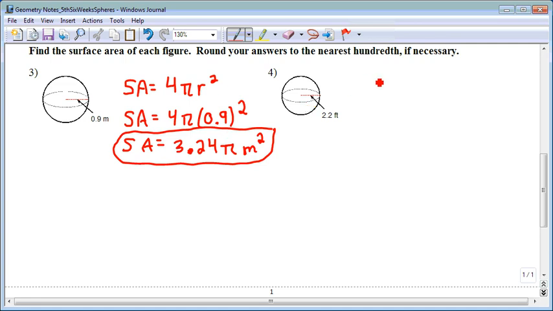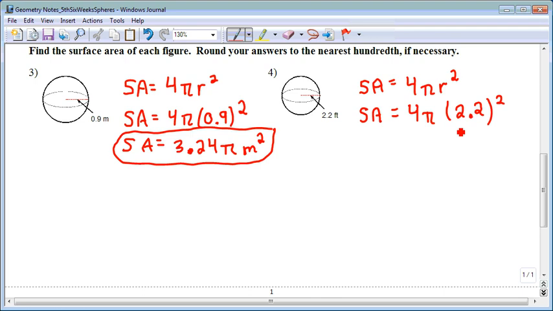Okay, for our final example, we have surface area is equal to 4 pi r squared. And in this problem, we are given the radius, so we're just going to plug in the radius here. Remember, if you have the diameter, you have to solve for the radius. So our radius here is 2.2 feet.